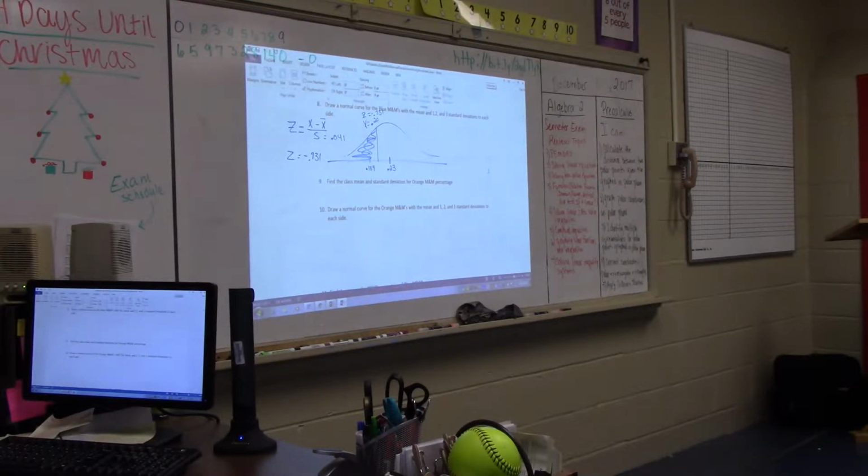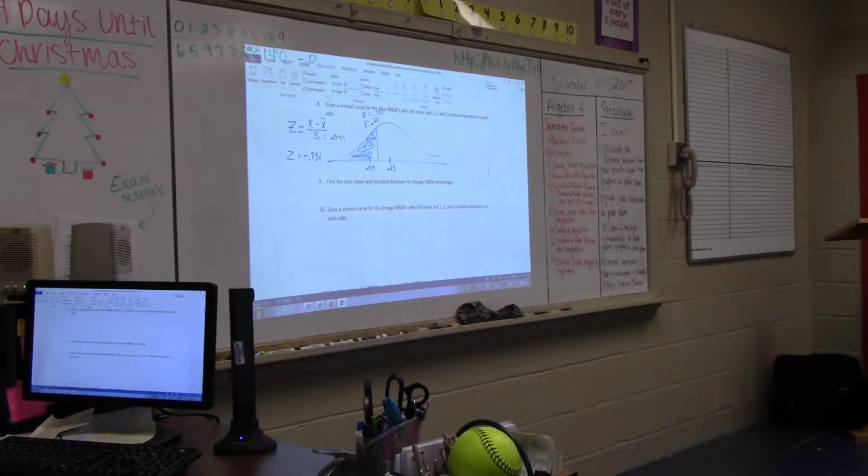Now, what you are interested in is the area up to that point. When you get that area of the curve, that tells you where your percent of orange is compared to everybody else in the class.